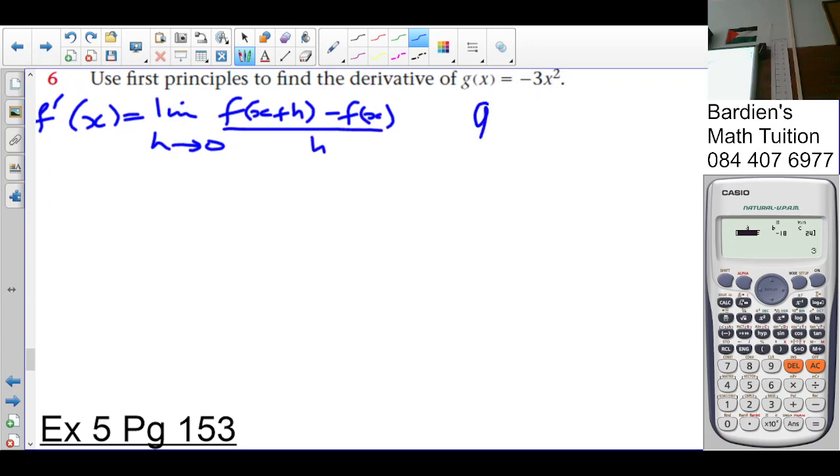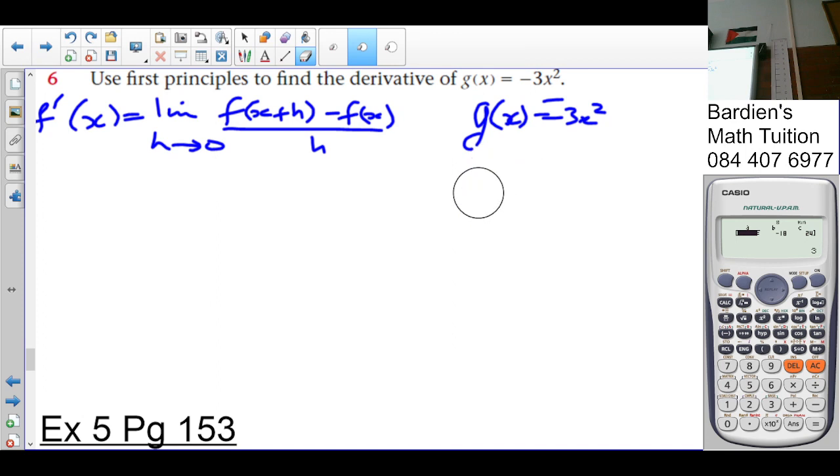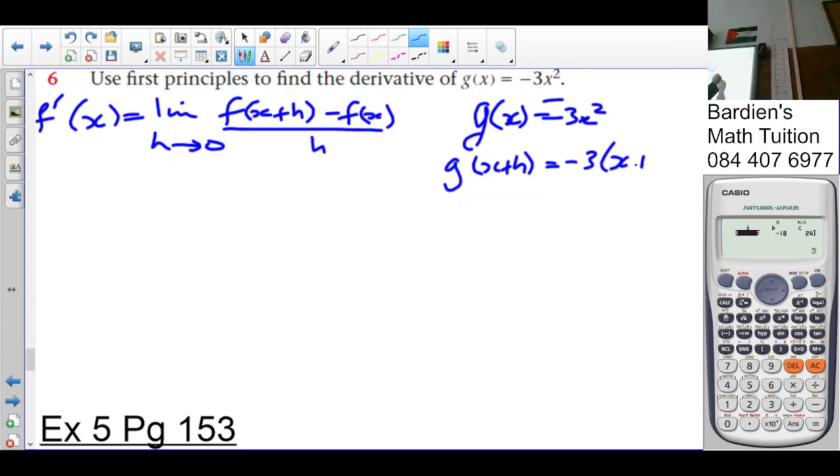If this is actually g, no? So g of x is equal to negative 3x squared. Then g of x plus h will simply be negative 3 into x plus h squared.